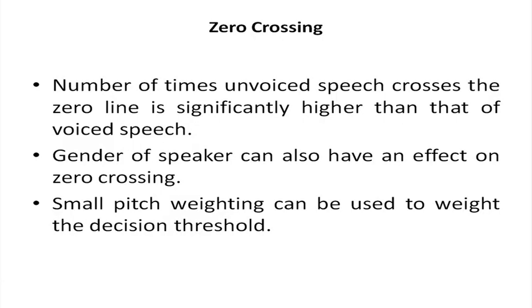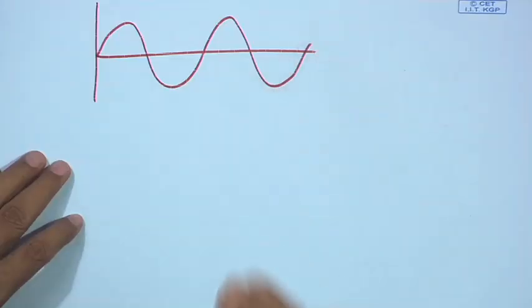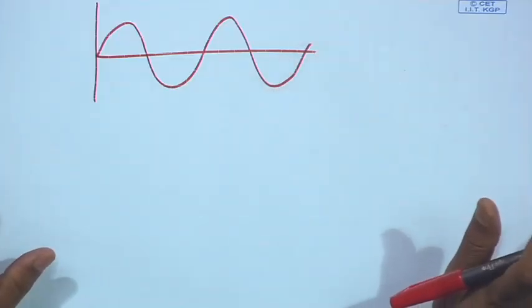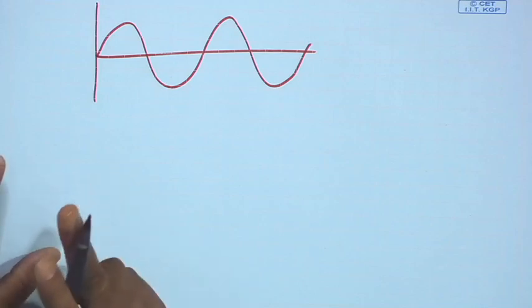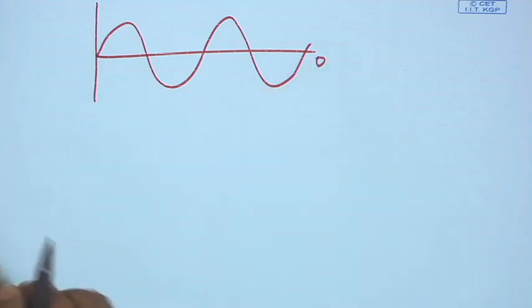Now, another parameter is called zero crossing. If it is a sine wave, how many times does the signal cross the zero line?